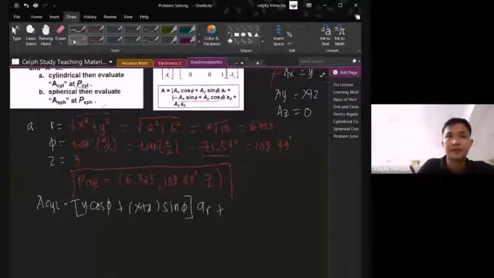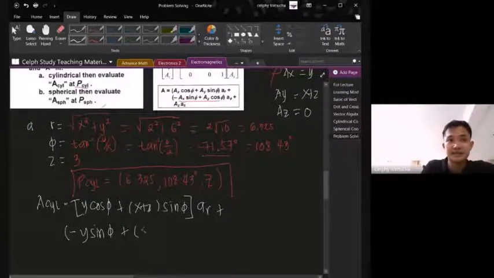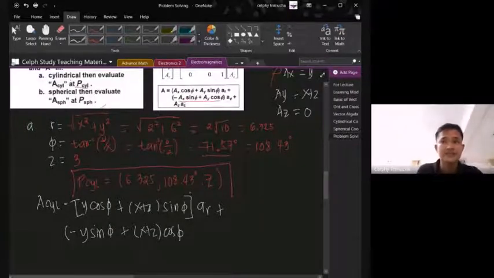So we will have, diretso na lang ko, negative AX naton which is Y sine sa aton nga angle plus AY naton which is X plus Z, then cosine sa aton nga angle. Negative Y sine plus X plus Z cosine.